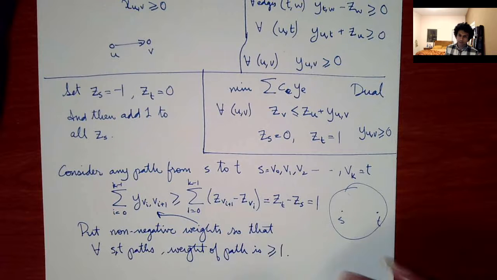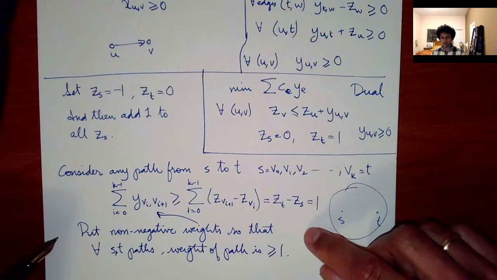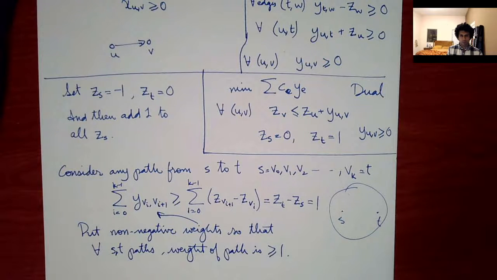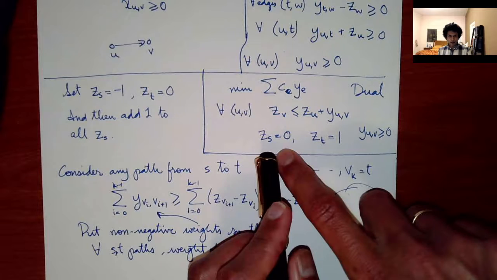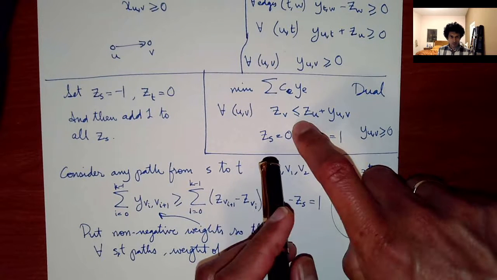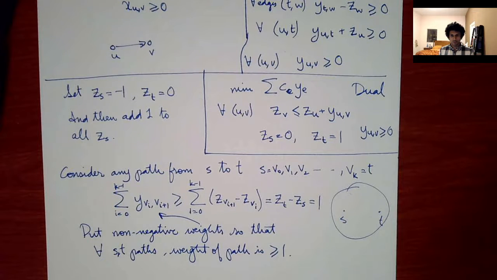I'm just rephrasing this. Technically, this is not what the dual says. The dual says what's given here. One has to prove an equivalence, but you can imagine that effectively that's what it's saying. You have to put weights so that the distance from S to T is going to be 1.